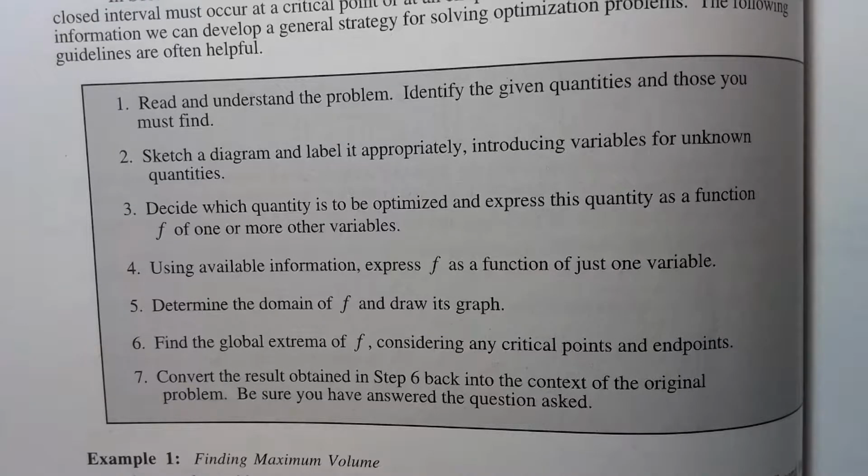The great thing is that once you can find a function, because that's what we're after, a geometrical function that can represent what's happening in our problem, then the rest is easy, because we know how to find absolute or global maxes and mins, right? You take the derivative and you set it equal to 0, and you solve to find the critical numbers, and you use the critical numbers along with the interval that's given to figure out what the global max or min is.